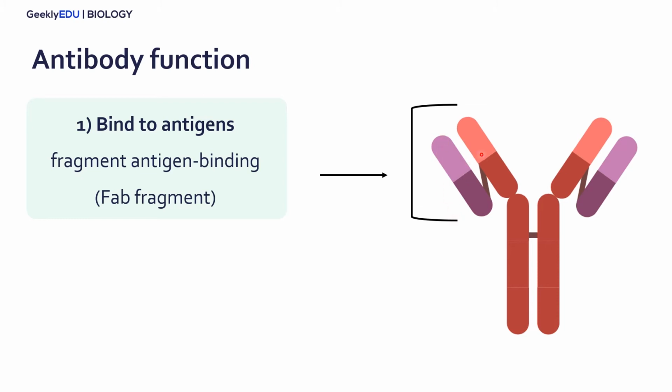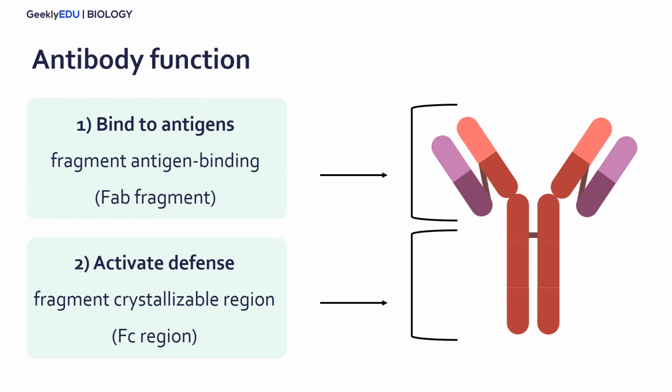And so this is where it binds to the antigen. The second function of an antibody is to then activate the defense, so signal the alarm for other immune cells to come and kill the pathogen. And this is where the bottom part of the Y, or the fragment crystallizable region, or FC region, is important.